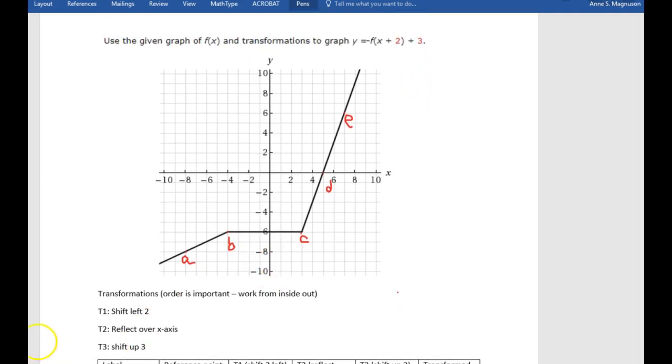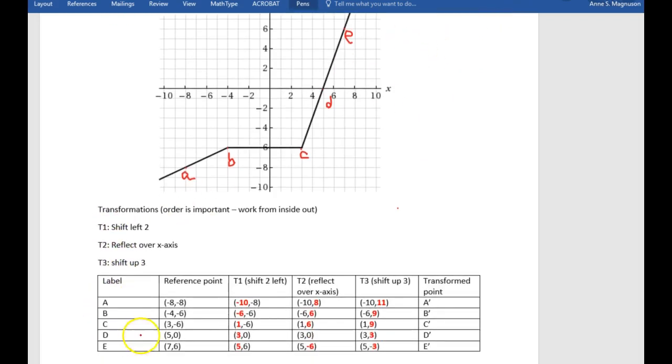So I'm going to call the first transformation shift left 2. My second transformation is reflected over the x-axis, and my third is shifted up 3. So that's T1, T2, and T3. I made a table here, and you don't have to get this elaborate when you're doing these problems. I'm just doing this so you can see what I'm doing. So the point minus 8, 8, I've labeled A, and I put that in my table.